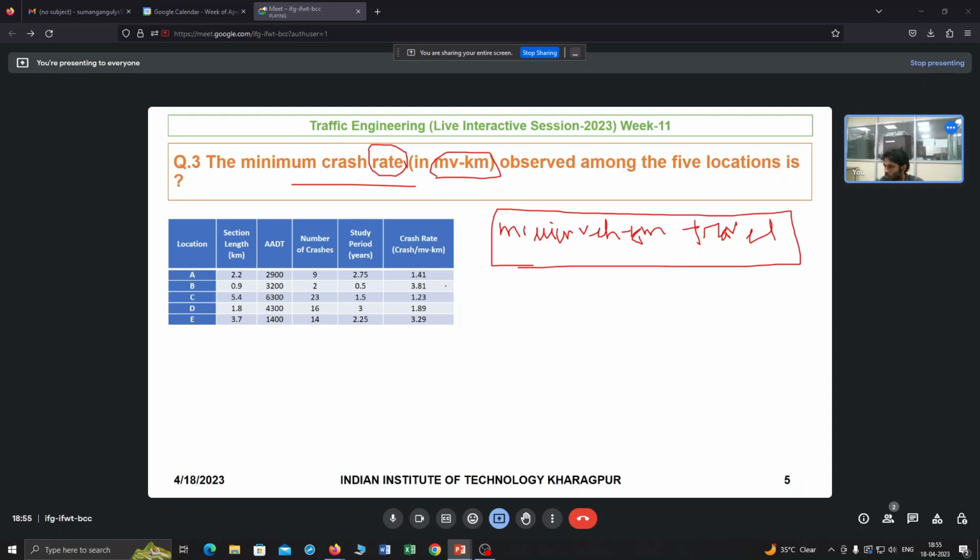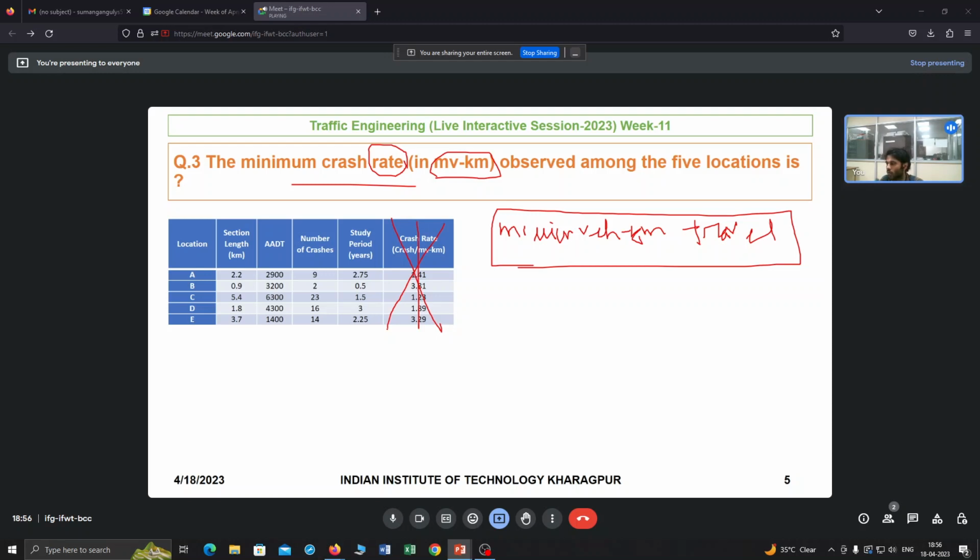So now, this is actually given. This should not have been given, this is the calculation, but still we will calculate, right?